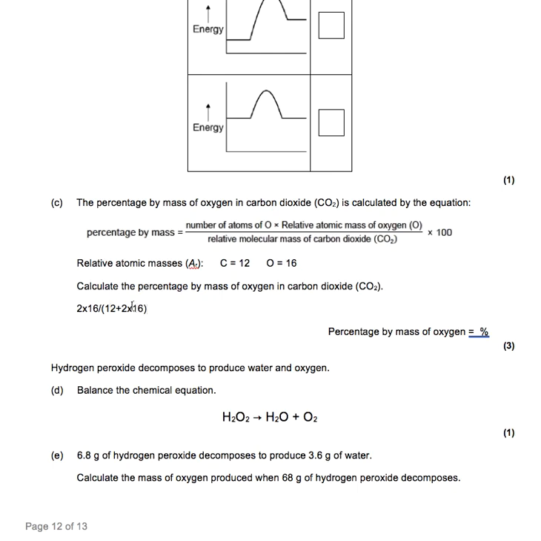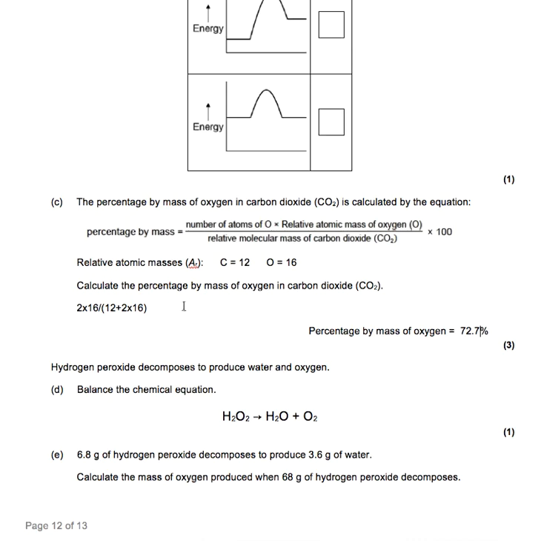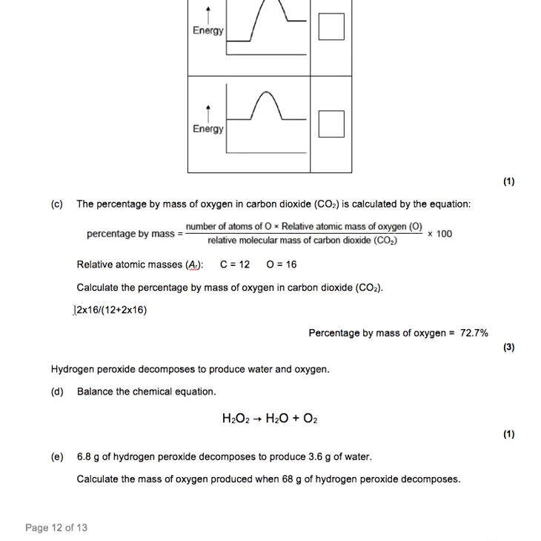So you've got 32 over 44, which gives you 72.7. So you've got 1 mark for your 32. You've got 1 mark for your 44. And 1 mark for your 72.7.